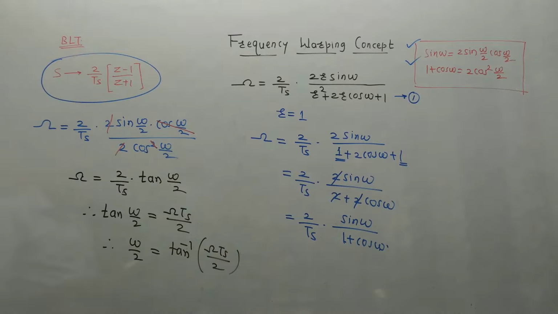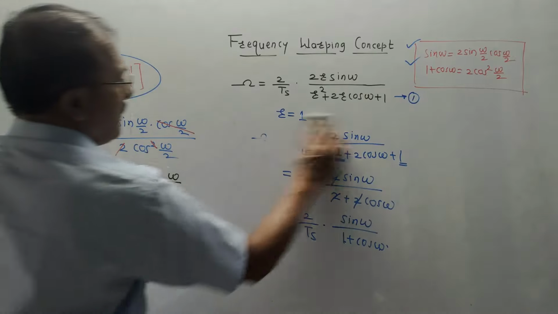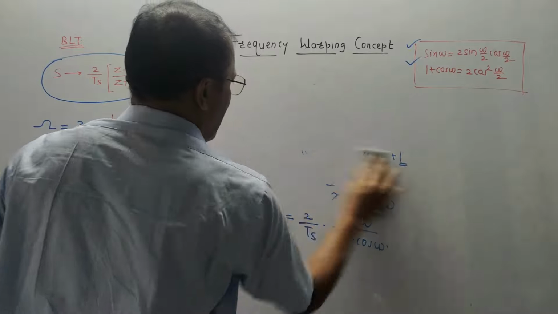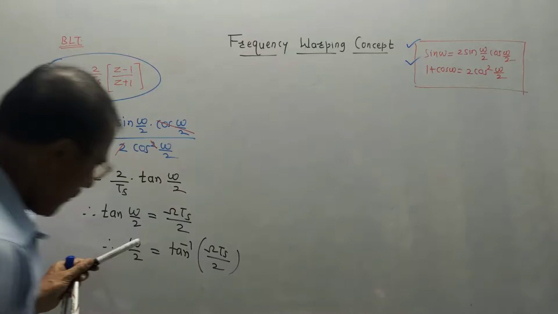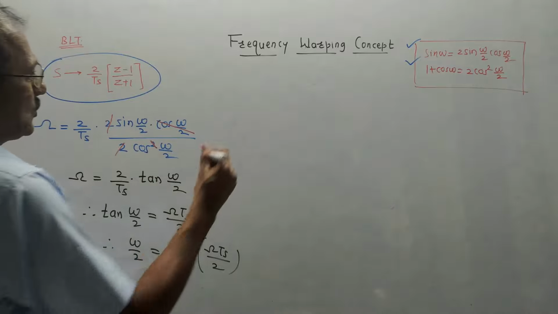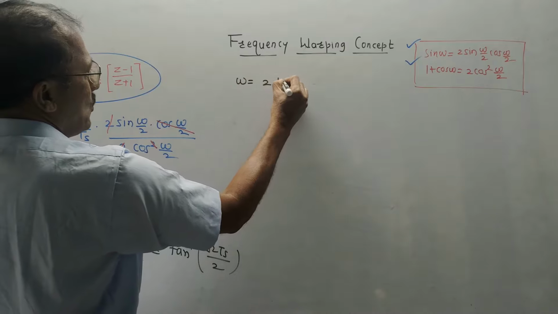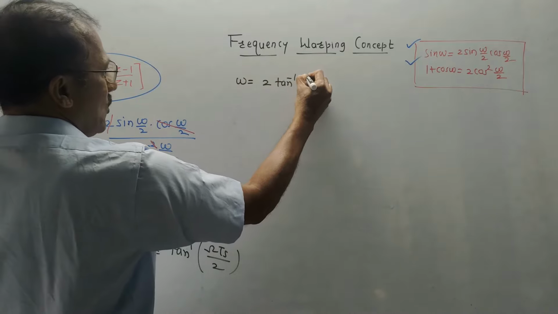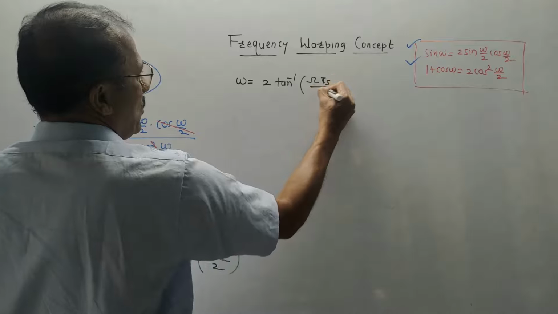What I did, I have transferred this tan term to the RHS, so it becomes tan inverse. Now, the next part is, I want the equation of omega. Omega is the frequency used to represent the digital signal. So I will simply get omega is equals to 2 tan inverse of ohm Ts upon 2.